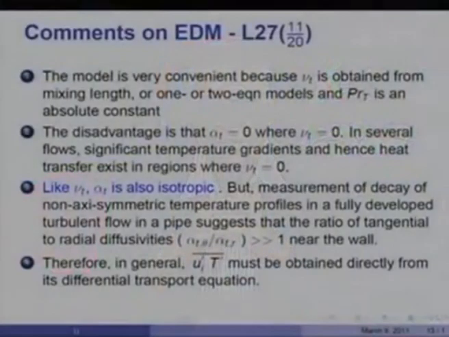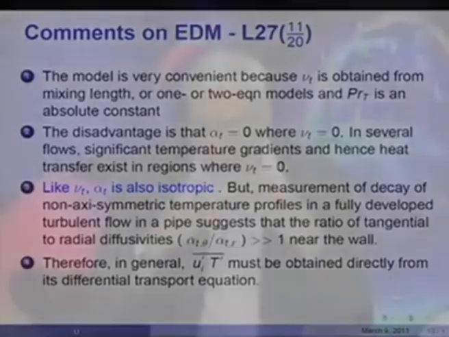So, actually the turbulent eddy diffusivity itself is not isotropic as one moves close to the wall, and that fact cannot be captured by the eddy diffusivity model, and therefore, in general u_i' t' must be obtained directly from its differential transport equations.